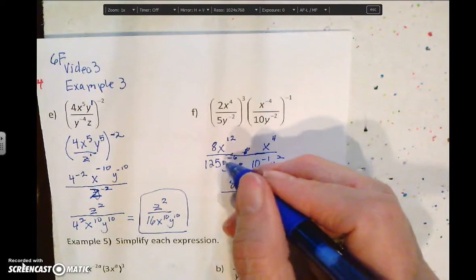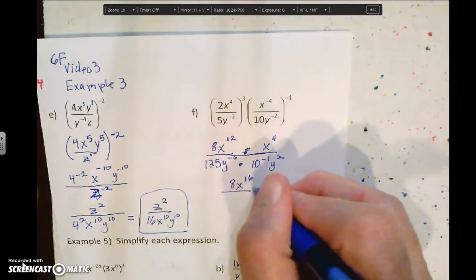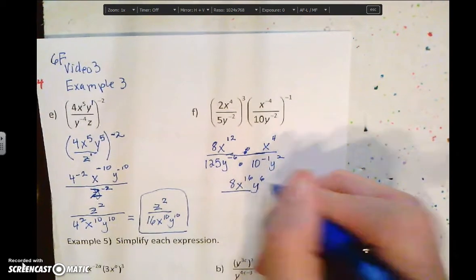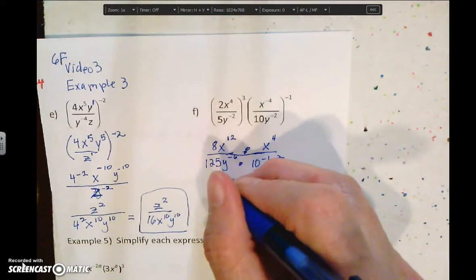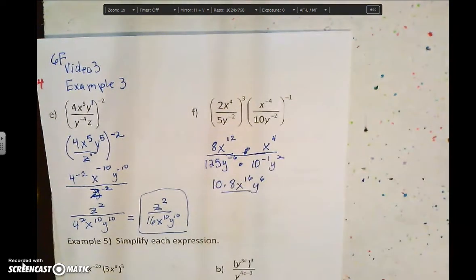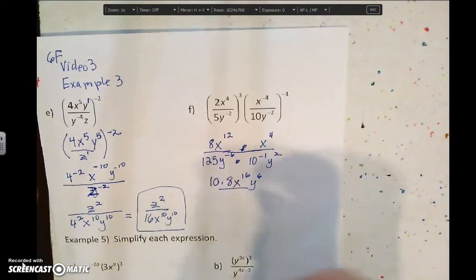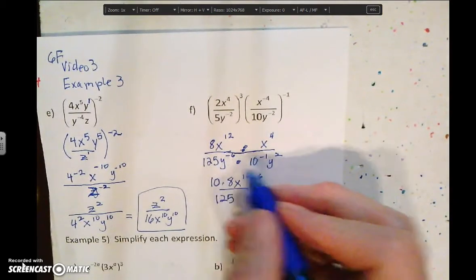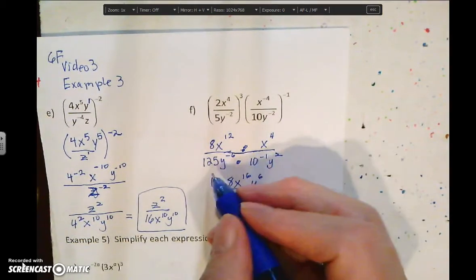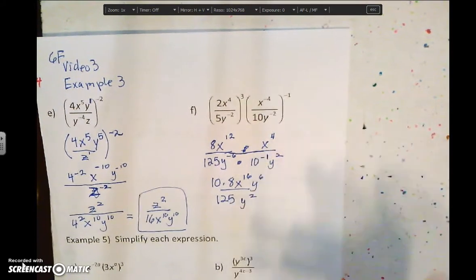I'm kind of going crazy on this a little bit. But let's move that to the numerator. So I'm going to put it up here, y to the positive 6. I have 10 to the negative 1, which I'm going to move to the numerator, make it positive 1. And then let's see, I got the 125 here. This is moved up, this is moved up, and y squared is here.